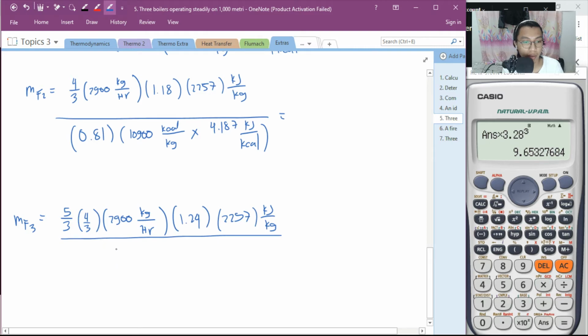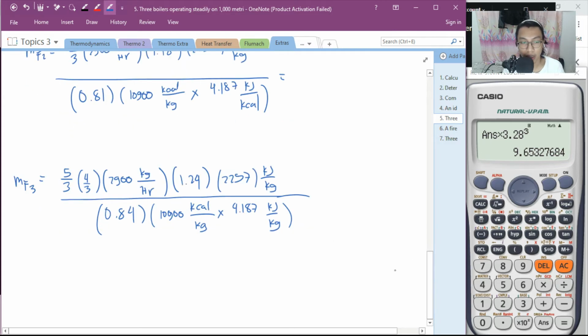And, ano yung nasa baba? 0.84 times 10,900 kilocalorie per kilogram times 4.187 kilojoule per kilocalorie. Okay. Makukuha natin dito yung mass total. The mass total nung consumption is yung mass nung 1 plus mass nung consumption ni 2 plus mass nung consumption ni 3.